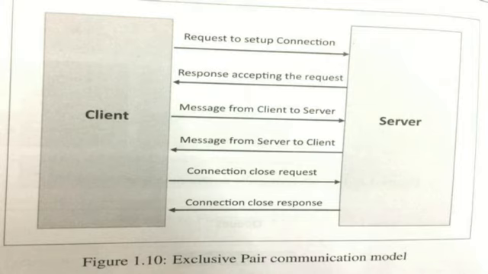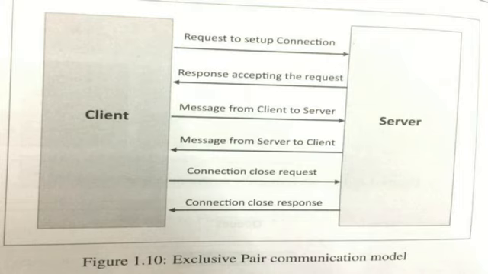Next is the exclusive pair communication model. Here we have a client as well as a server. Every time the client will give a request and the server will give a response. We shall see it one by one. The first request to set up a connection is given by the client and the server will respond that it is accepting your request. Next, the client will send a message to the server, and from the server the client will receive messages.